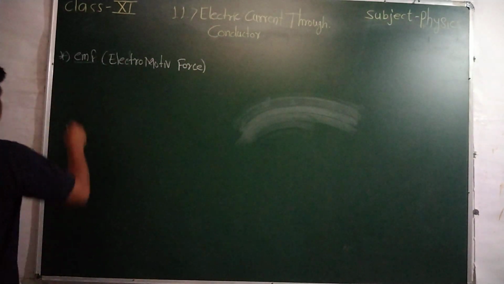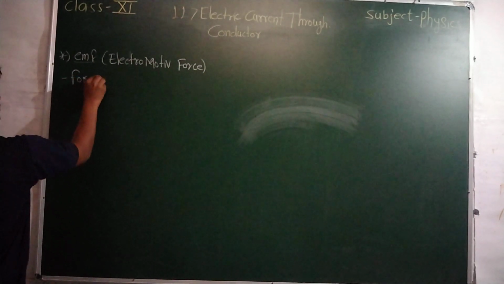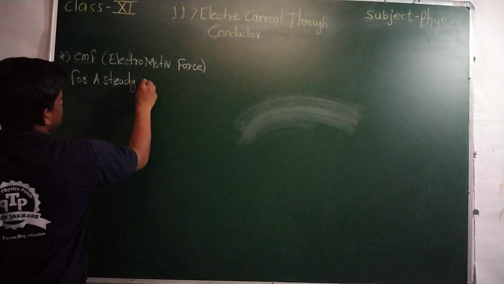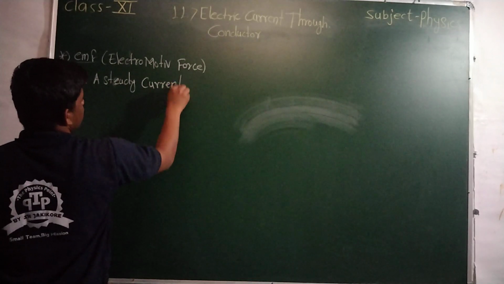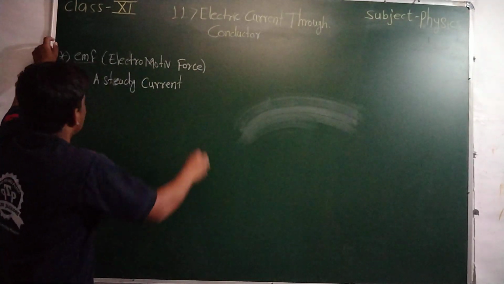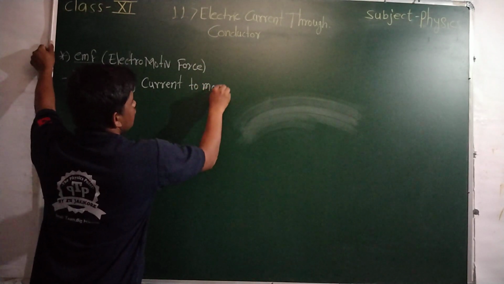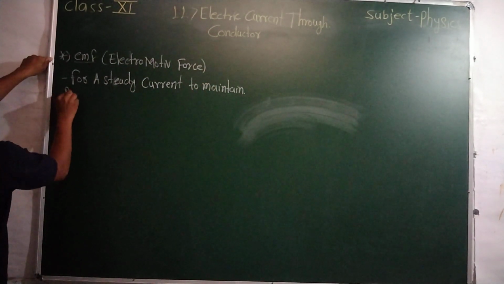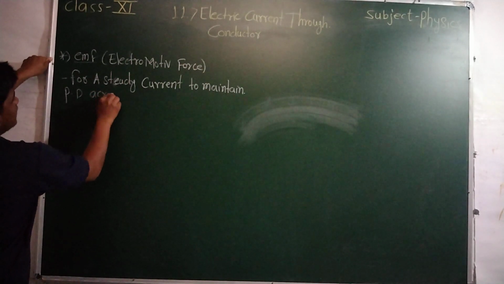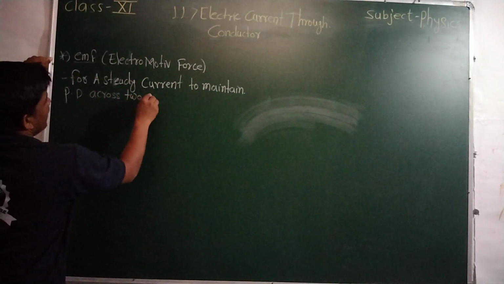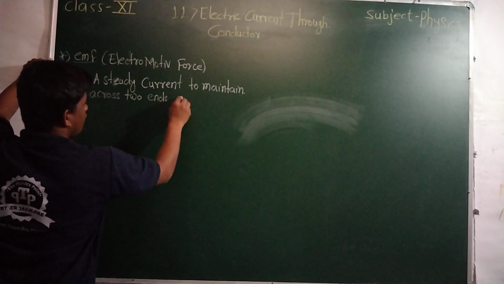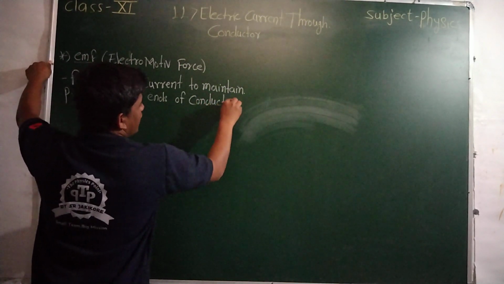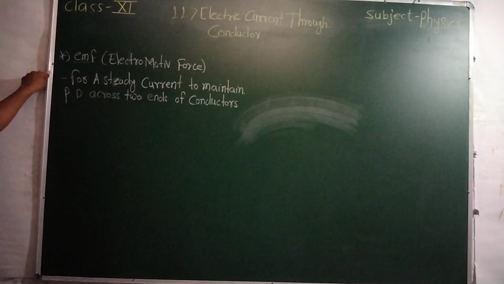For a steady current, to maintain the potential difference across the two ends of the conductor, that is the terminals, some work is done.